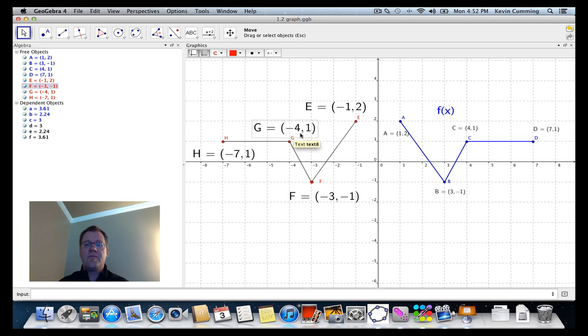G is (-4, 1), where it was (4, 1), and H is (-7, 1), where it was (7, 1). So if we were to come to a conclusion, we can say that something is reflected in the y-axis if all the x values for all the points have switched signs. Again, reflection in the y-axis if all the x values have switched signs.